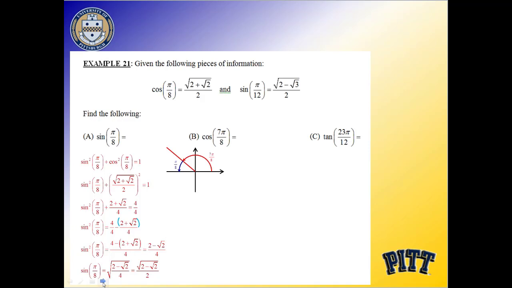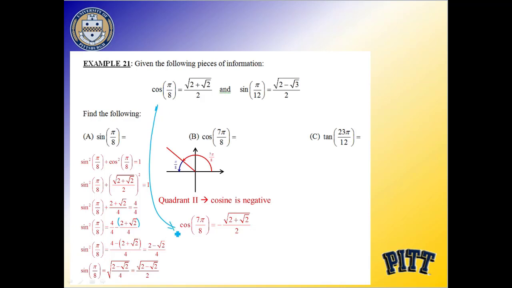The only thing that's going to be different is in pi over 8 in quadrant 1, cosines are positive. In quadrant 2, where 7 pi over 8 would be, they're negative. So the only thing that's going to be different here, I'm just going to put a negative sign in front of the value for cosine that I had up here. So it's just comparing these two. It's going to be a sign change.